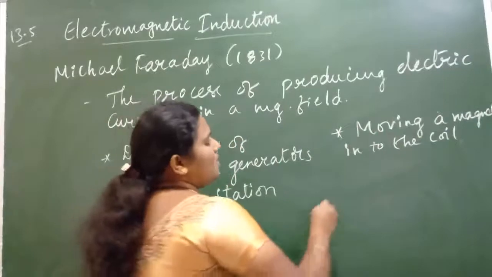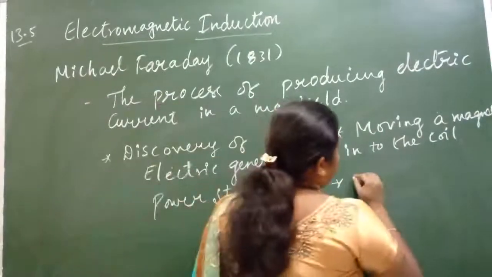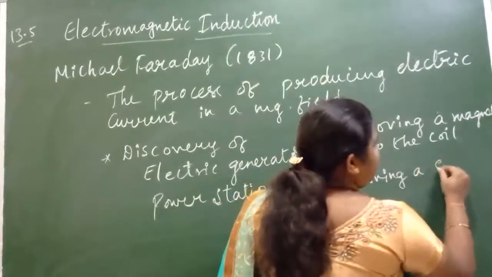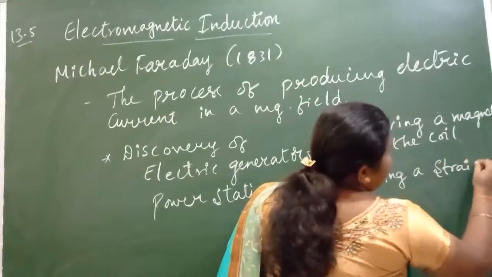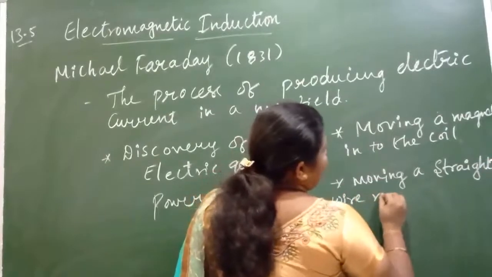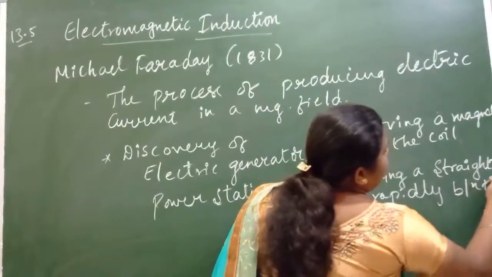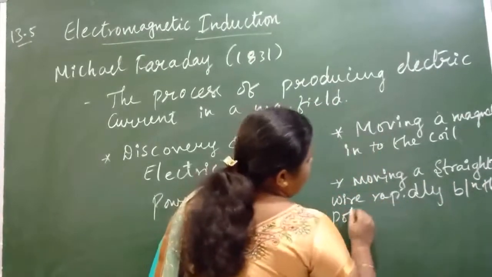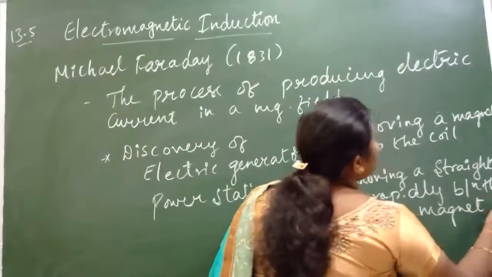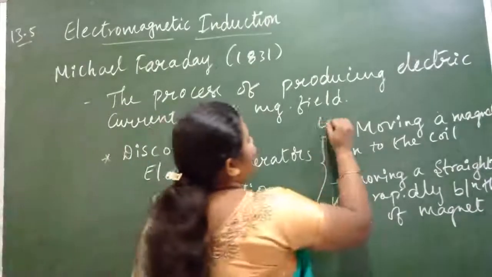And the other method is moving a conductor, for example a straight wire, rapidly between the poles of a magnet. By these two methods, we can produce electromagnetic induction.